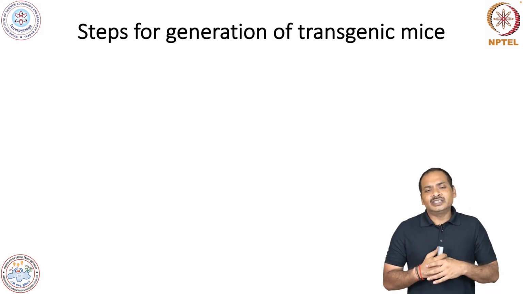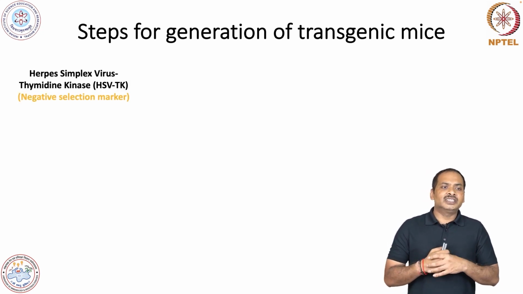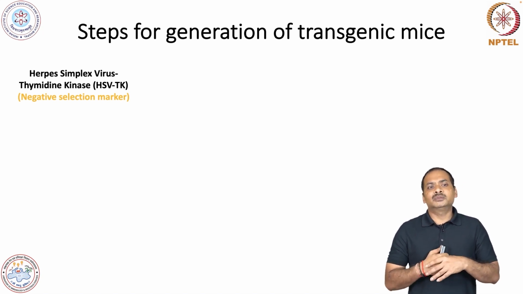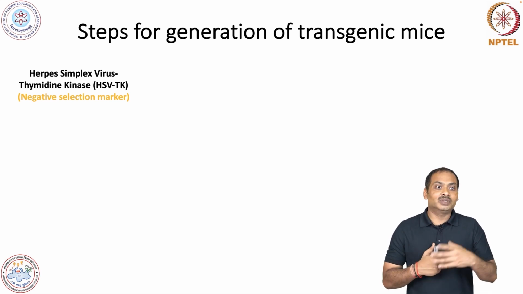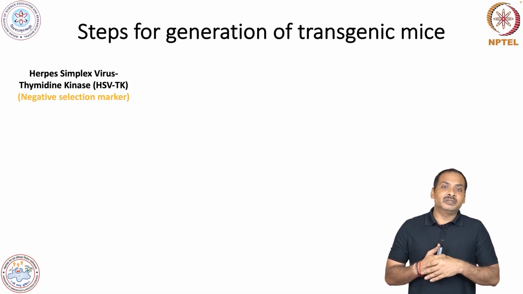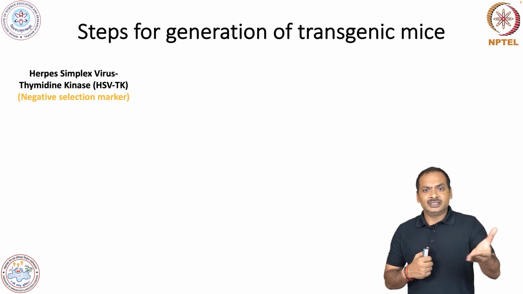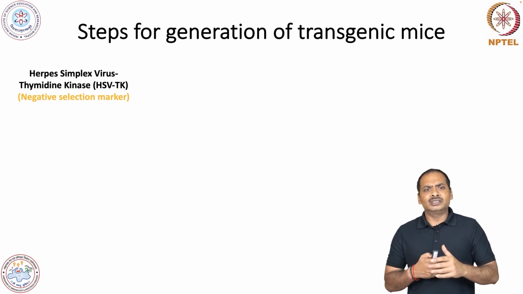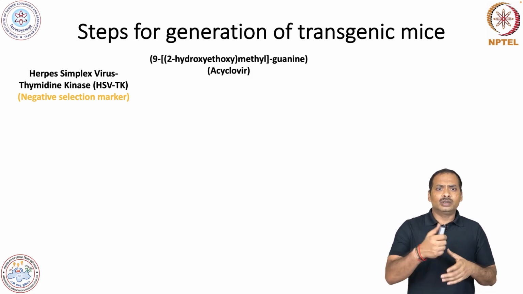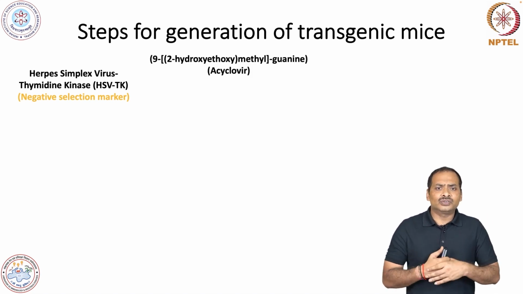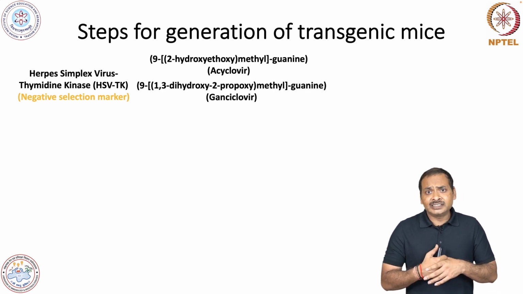Here the negative selection marker is HSV-TK. HSV-TK is the herpes simplex virus thymidine kinase. We do have a thymidine kinase, but this viral thymidine kinase is needed in this experiment, and there is a drug known as acyclovir, which is a derivative of guanine, and also ganciclovir.